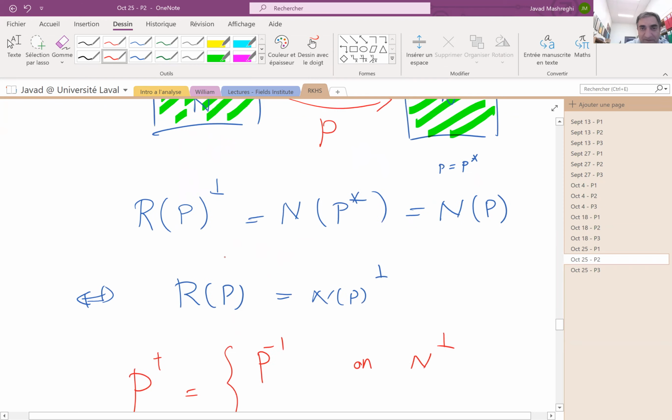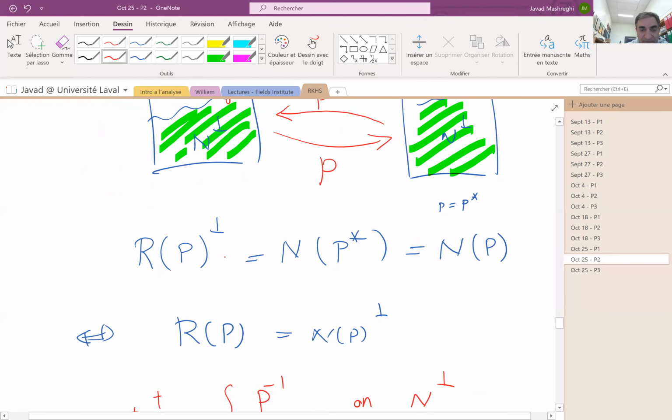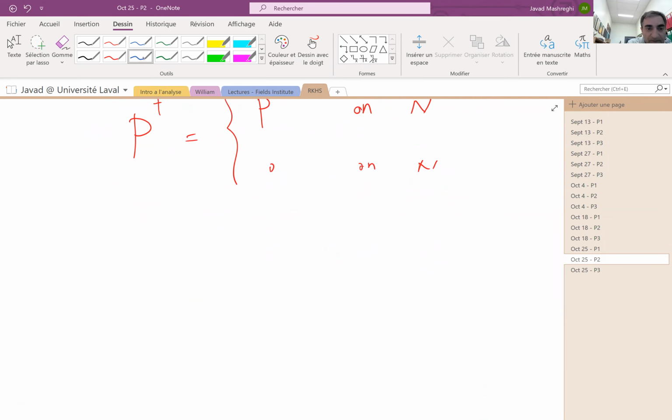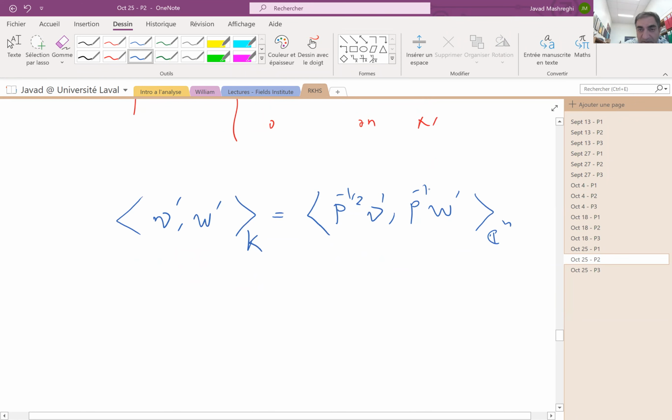For example, this box formula, which was interesting for us in the previous case, the product of V prime and W prime. Let me write it again. V prime and W prime in K, if P is invertible, we have this symmetric formula. It's in C^n, with P minus half. I can take one of these P minus half to the other side. For example, I put it there.